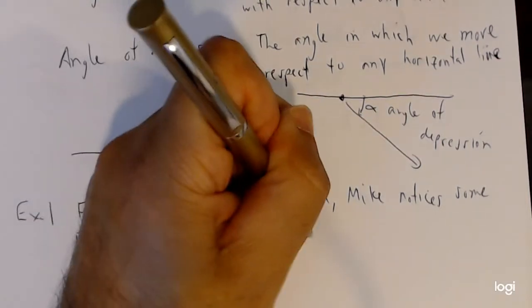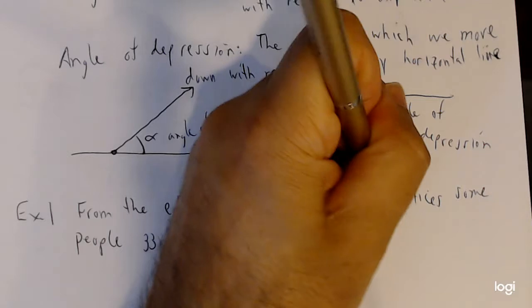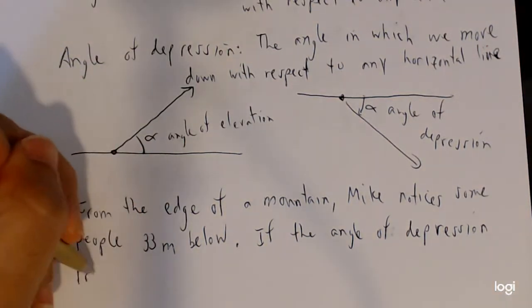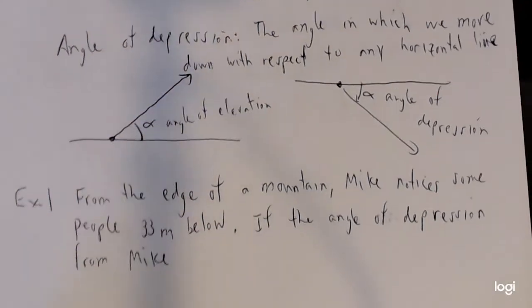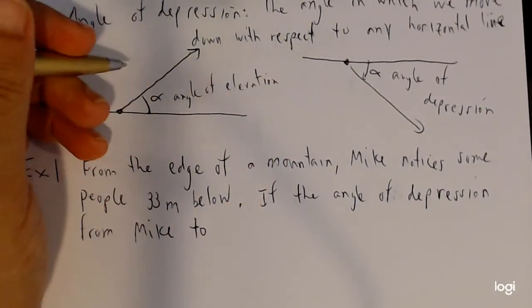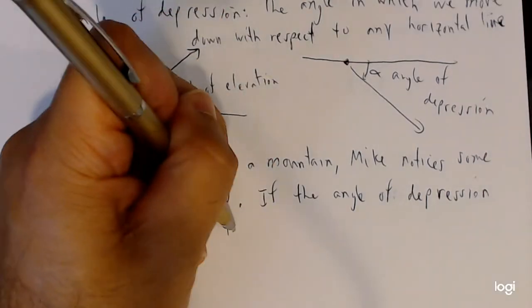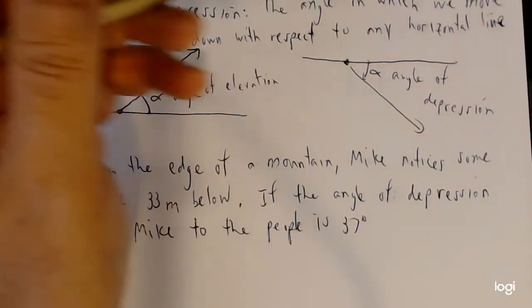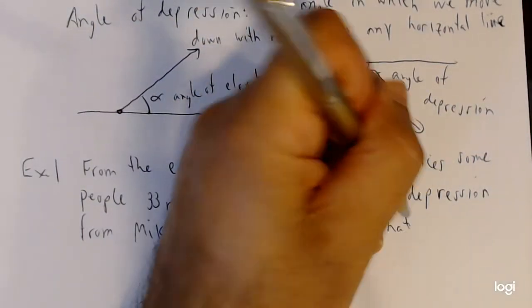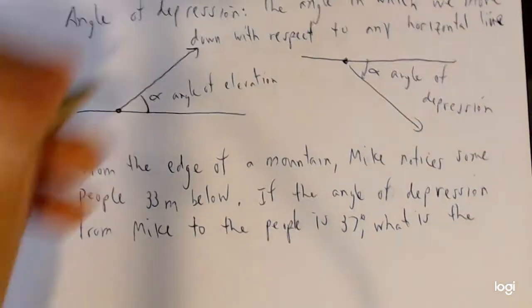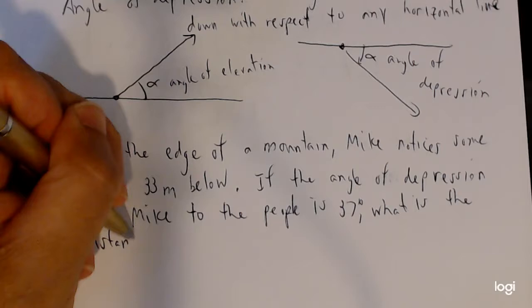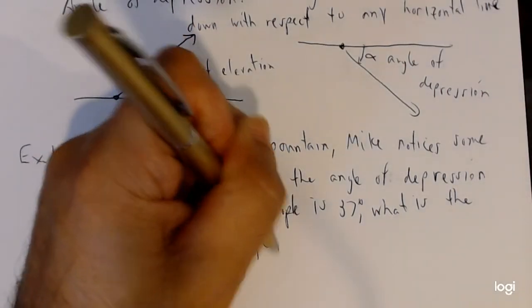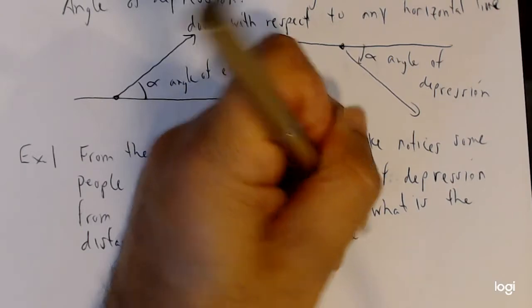If the angle of depression from Mike to the people is 37 degrees, what is the distance from the people to the mountain?